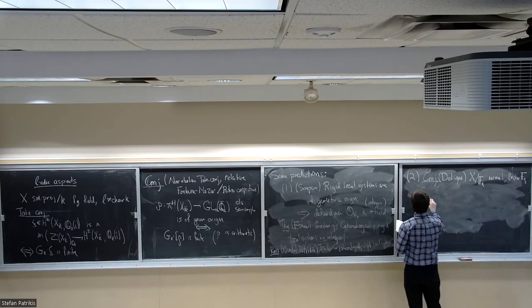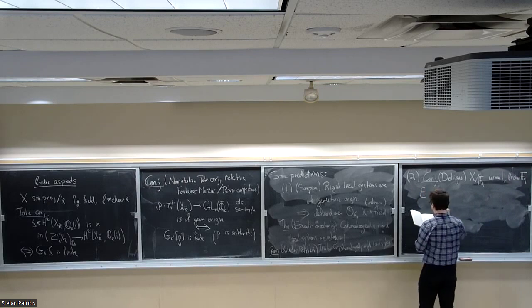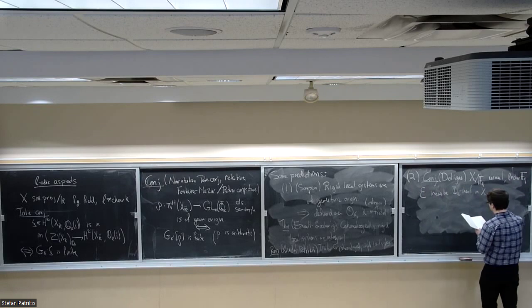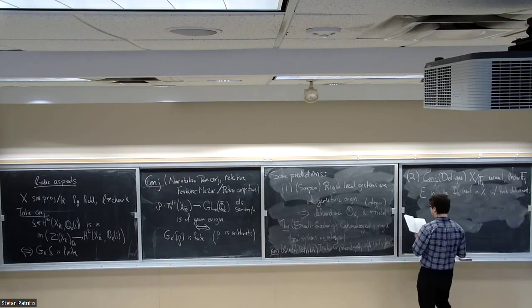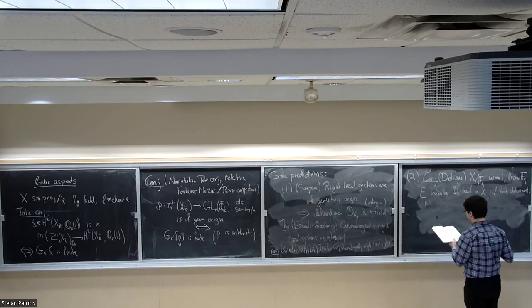And let's suppose E is an irreducible QL bar sheaf, so QL bar local system, on X with finite determinant. This is in the same sense that Jake was describing. The determinant is some one-dimensional representation, and I want some power of that one-dimensional representation to be trivial.